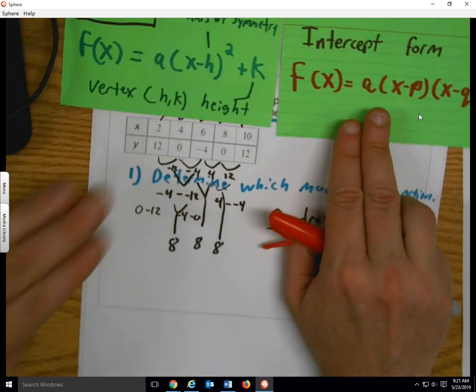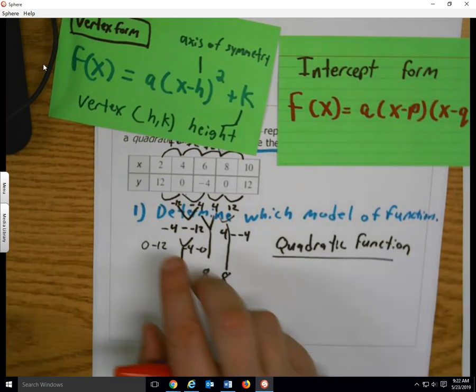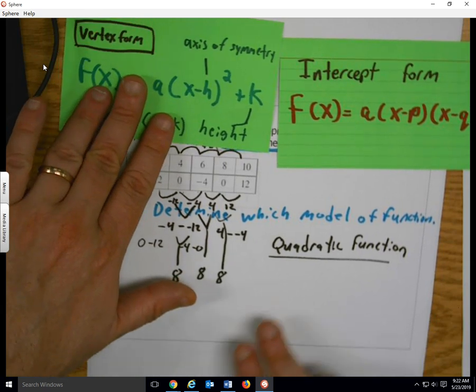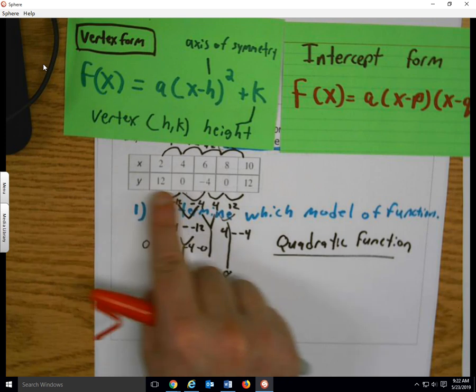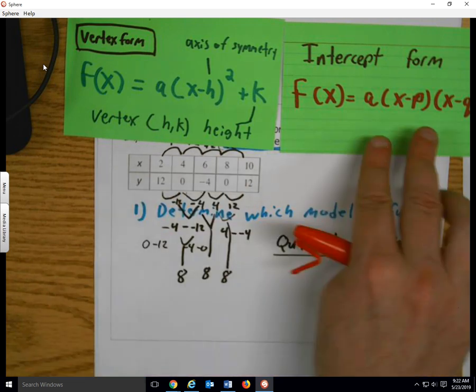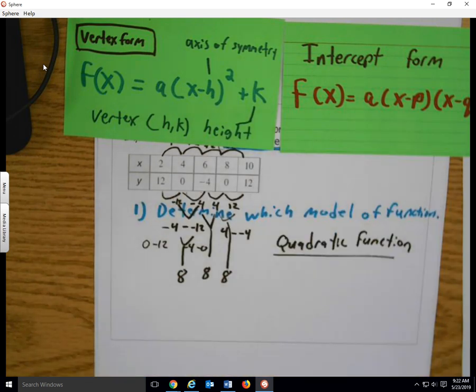But which one of these two are you going to use? When I said you have to be analytical, I'm talking about you have to look at these numbers and see if there's a hint on which one to use.